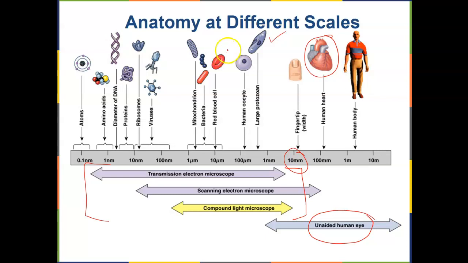A red blood cell, all right, you do see blood, I'll give you that, but you can't see individual red blood cells without at least a compound light microscope, which is what you'd probably be using in a basic biology class. Bacteria and then cellular organelles, say for example like a mitochondria, much smaller. By the time you get down to the level of viruses, proteins, molecules, amino acids, atoms, you really need to have something called a transmission electron microscope to see those items.